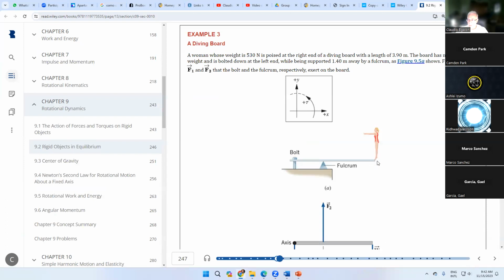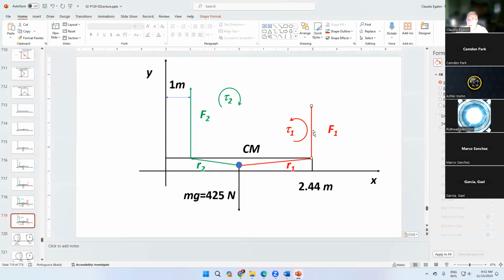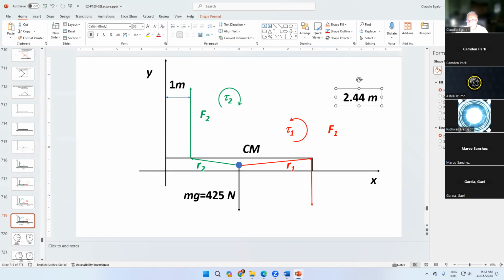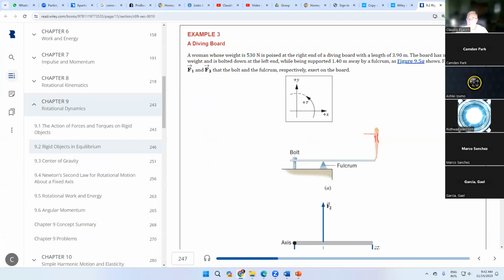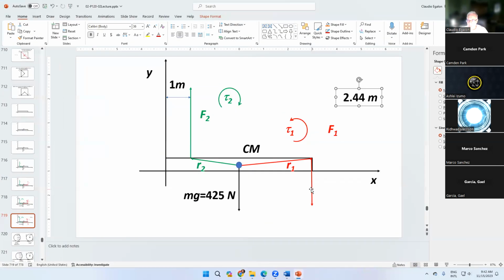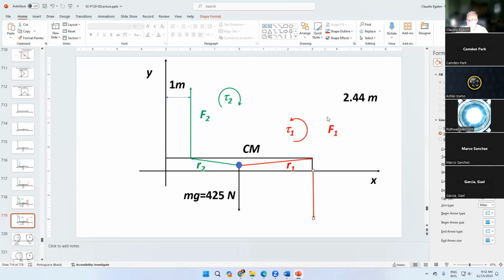There's a downward force here for the woman. 3.9 meters. I'm going just to show the forces.